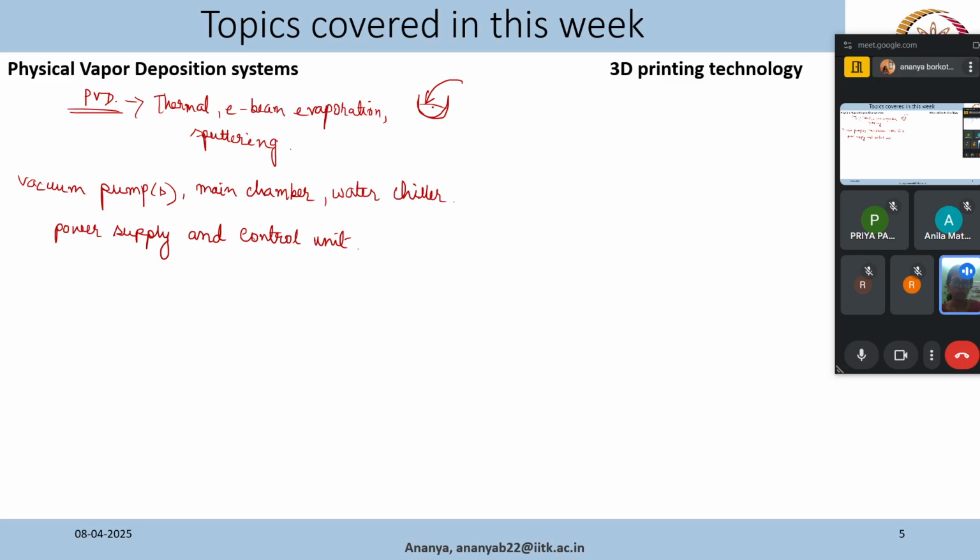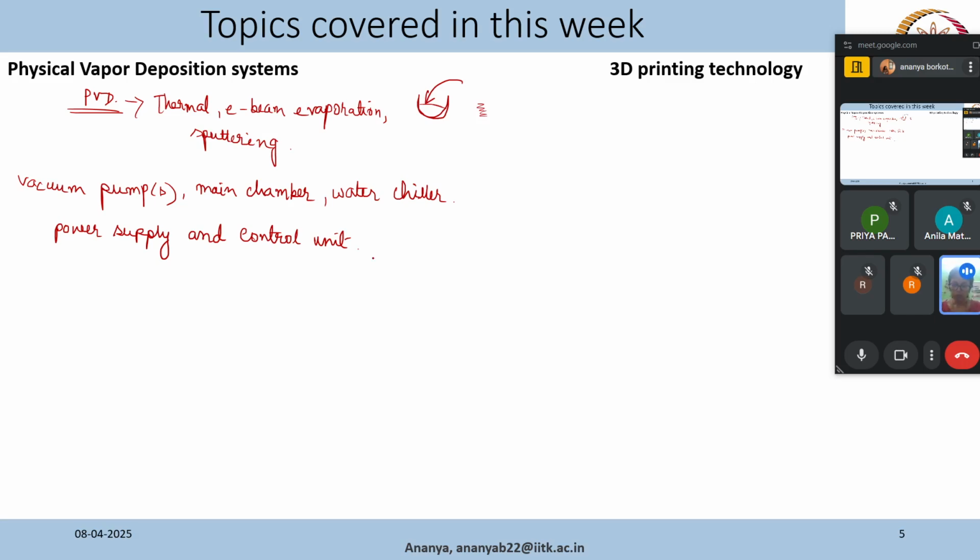So we will try to move this electron beam at the center, and then it will move in a zigzag kind of direction inside this crucible, near the target material. So for that we need some mechanism to control that. Okay, all these things will be there in the system.